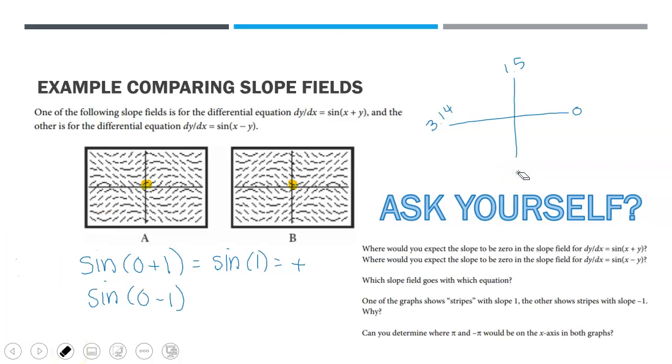So if you take 3 halves times 3.14, it's going to be about 4.7, to give you an idea of what quadrant you are in.